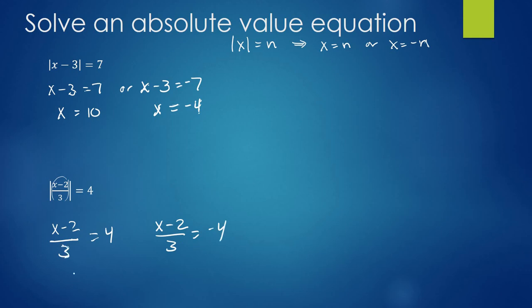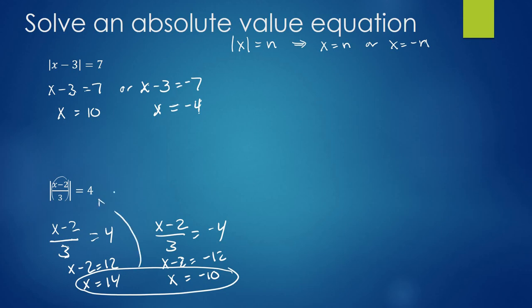Multiplying both sides by 3 and adding 2, I get that x equals 14. Multiplying both sides by 3 here, and then adding 2, I get that x equals -10. So again, two solutions always for a one-part equation. So let's think about this one again.